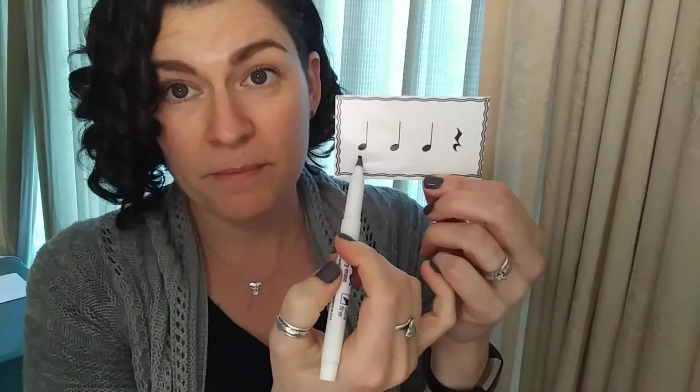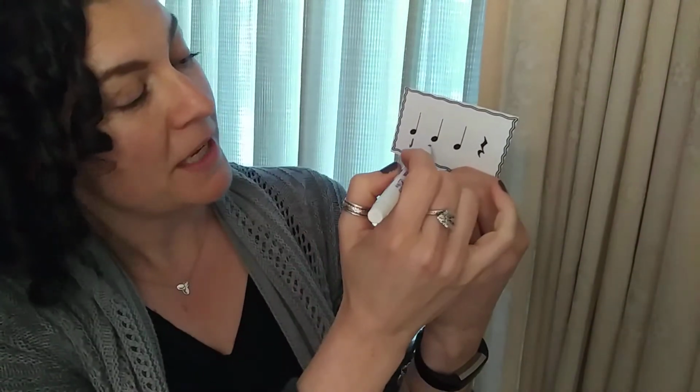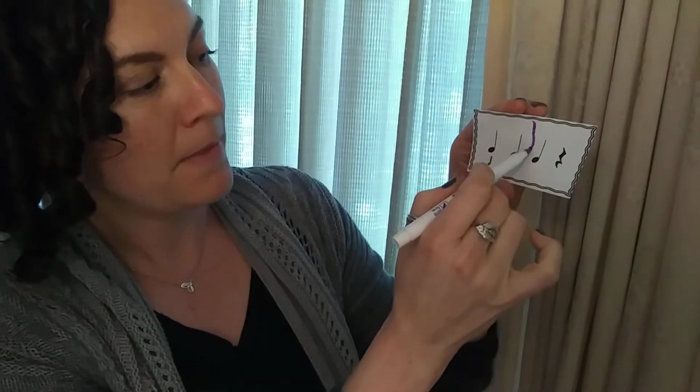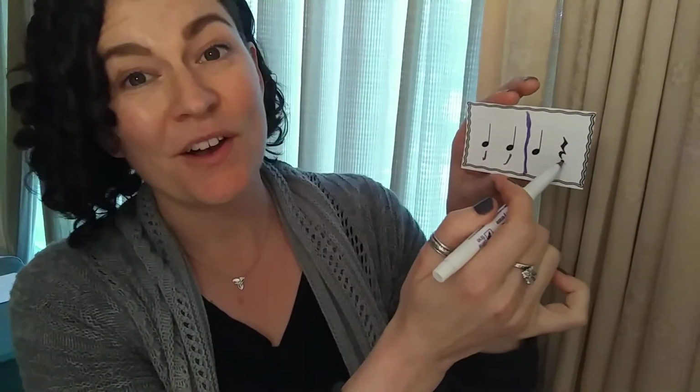Well, that is 1 beat. So I'm going to draw a little line. That is 1 beat. So together, that's 2 beats right there. So I could go ahead and draw my line right there because I have 1, 2, 1, and that is also worth 1 beat. Okay, so that would be if we're splitting up rhythms into 2-4 time.